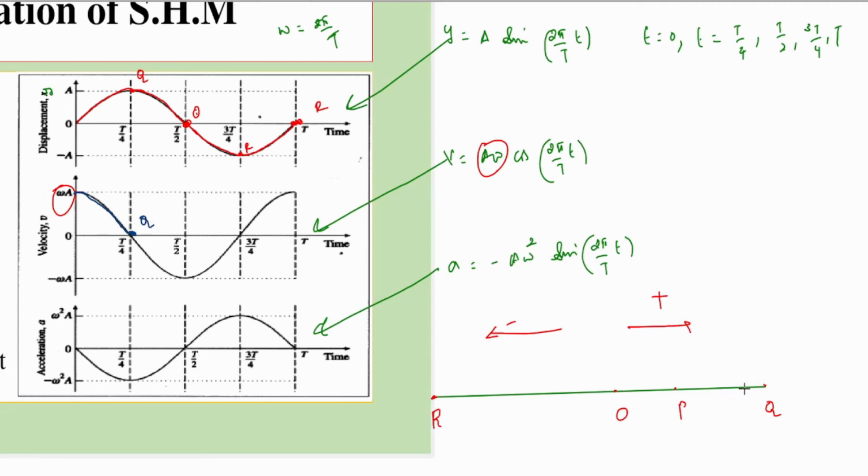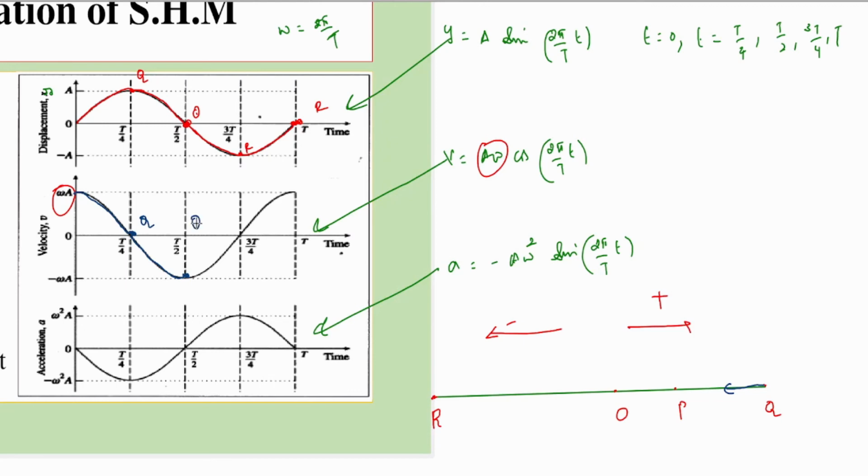When the particle turns back and goes towards O, it is moving in the negative direction. So velocity will be negative, but the value of the speed is increasing. When the particle goes towards point O, the speed value will increase, but it is in the negative direction, so it is shown by the negative half of the curve. When the particle goes to point O, speed is maximum.